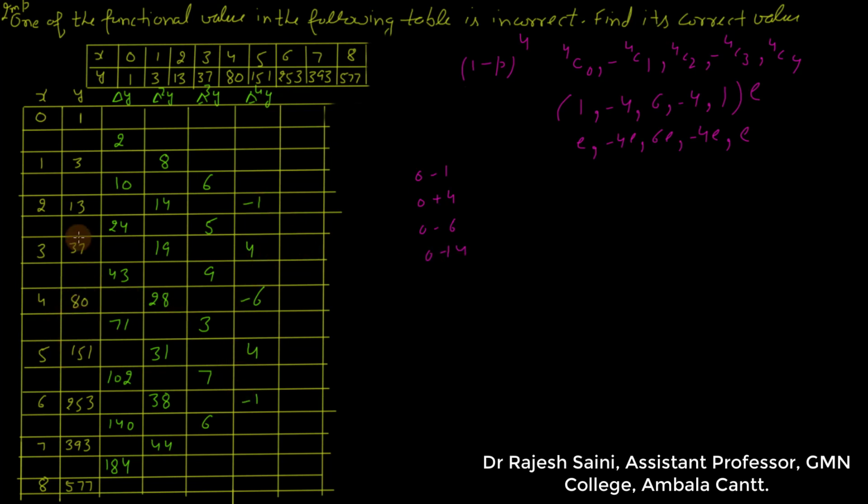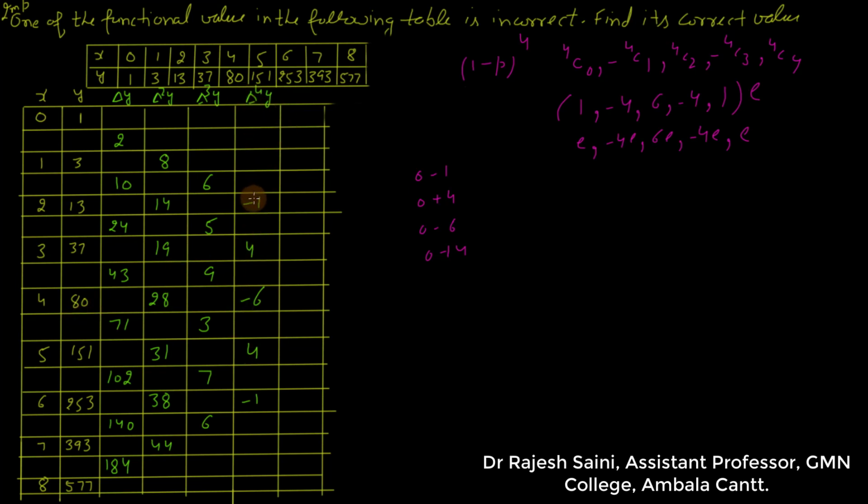Once we correct the value, I will ask you to again form the table. Then you will see that these terms are appearing only because one of the values given is incorrect. Once we correct the value, I will ask you to again form the forward difference table and see what happens with column number 4.